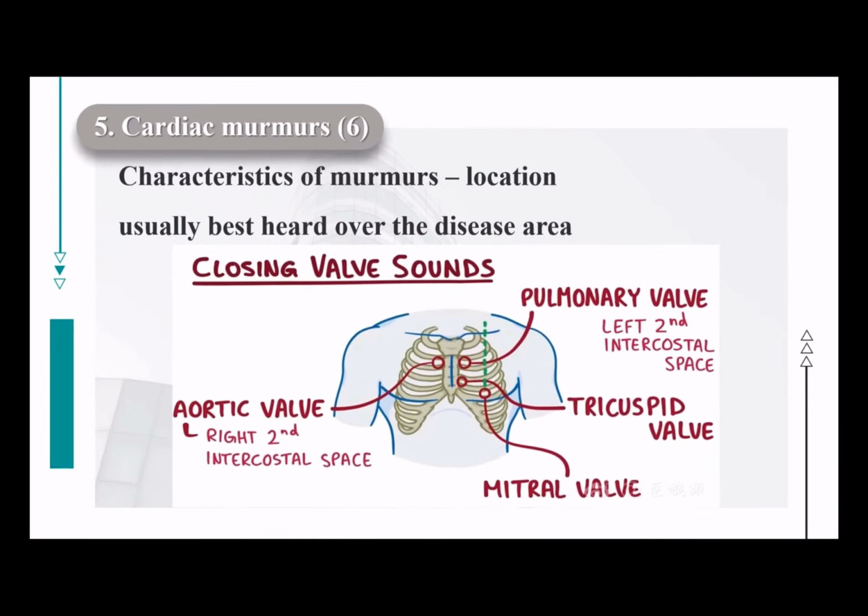Next, the area with the loudest murmur could be identified. Usually, the murmurs are best heard over the diseased area. For example, if the murmur is best heard at the apex, it always represents that the diseased region is the mitral valve.